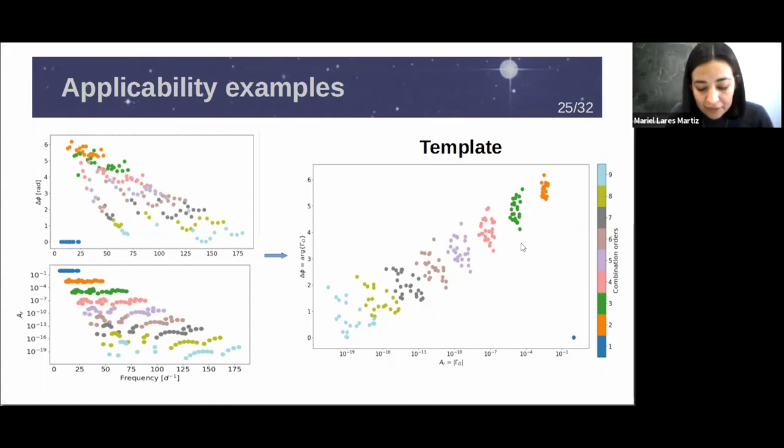So we could reasonably assume that this template is for radial parents, and we do not know the shape of this template if the parents are non-radial. The unambiguous identification that I meant is combination frequencies from radial modes from a nonlinear distortion process.